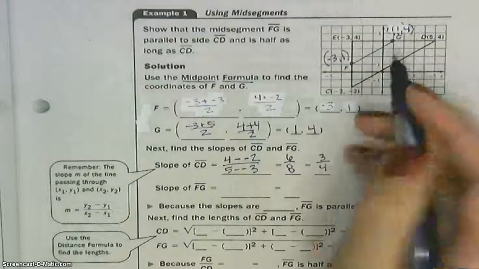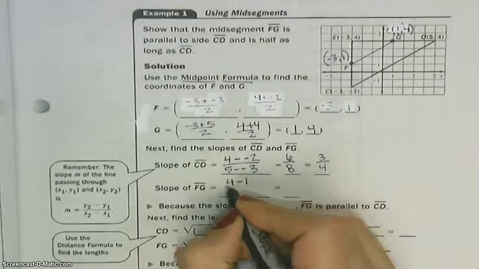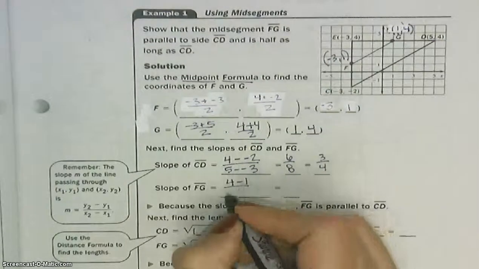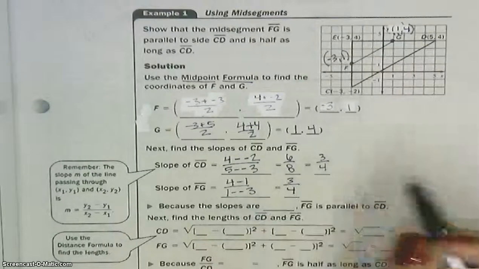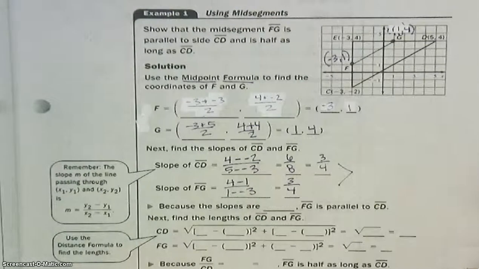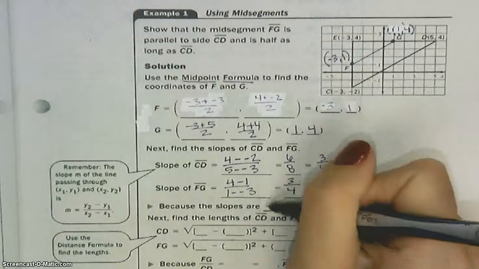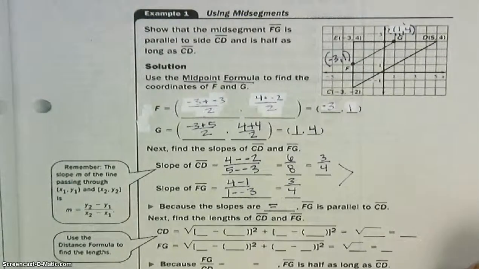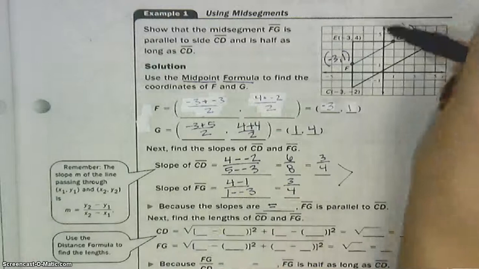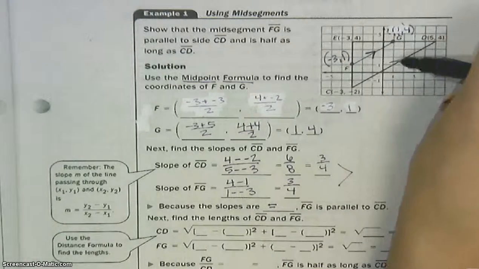So y minus y, 4 minus 1, over 1 minus -3, is 3 over 4. Good. So those are the same. The slopes are equal, so that means that they're parallel. CD is parallel to FG. Let's mark that on our picture. This is parallel to this.